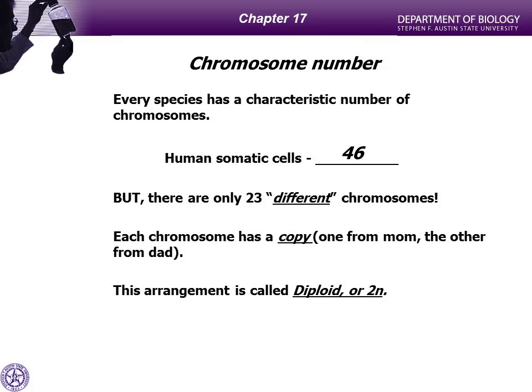Now the fact that we have 2 copies of each of those 23, you will often see that written as 2N, N being the number of different chromosomes you have in your genome. And when we have these 2 copies, that's referred to as a condition called diploid.